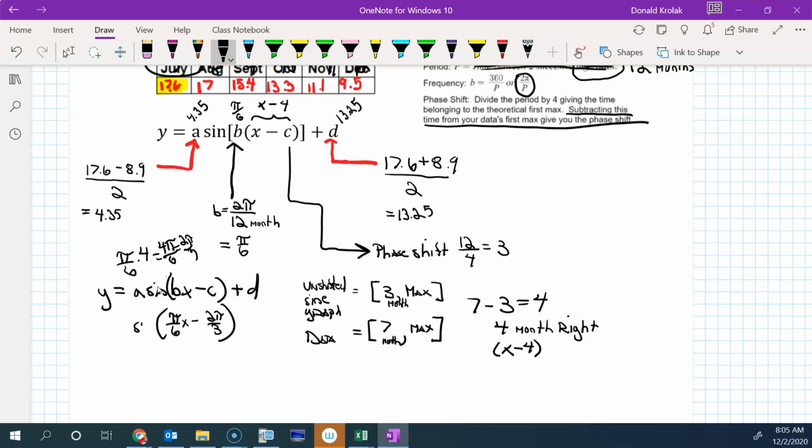That's how you would write it if the question said put it in this form. You'd have to distribute. But in this one, it doesn't say to do that. I'm just trying to show you the difference between the two forms.